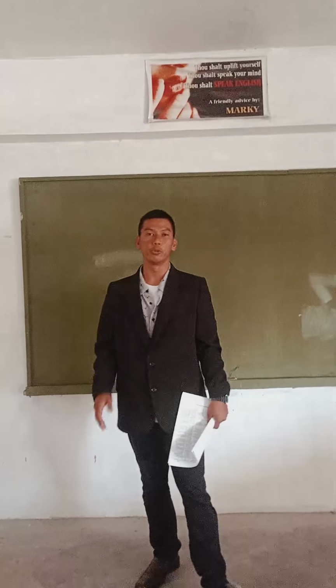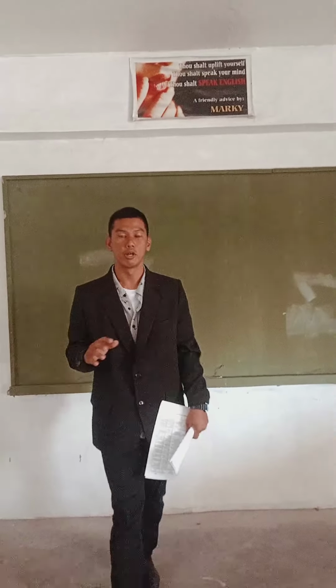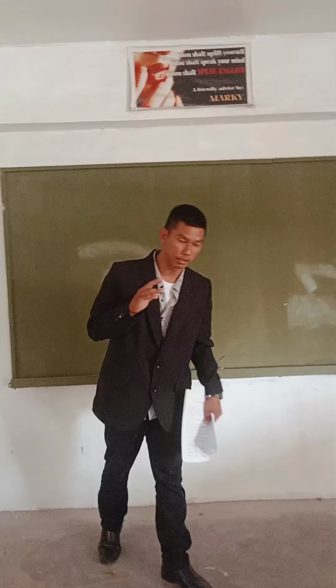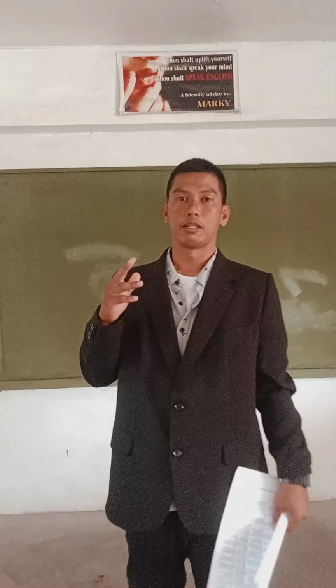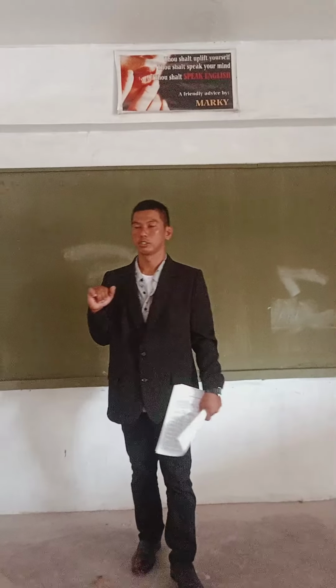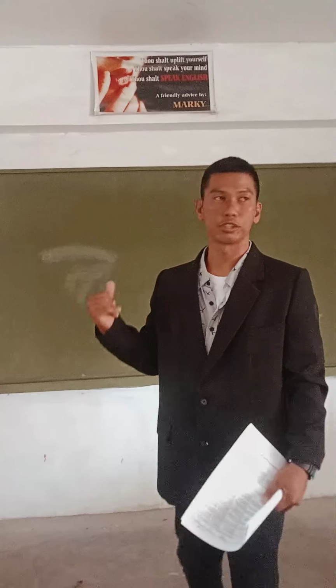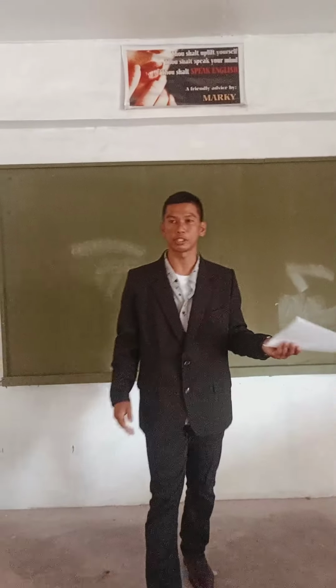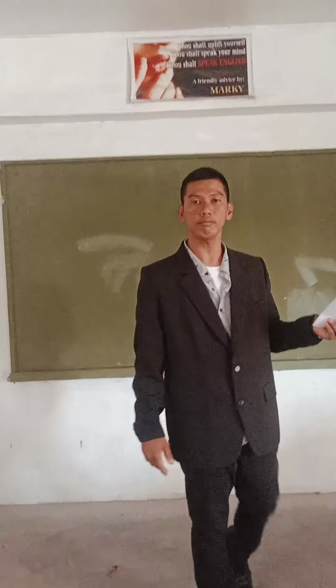To calculate the angle measure from degrees to radians, multiply degrees by pi over 180, and radians to degrees by multiplying by 180 over pi. Any clarification? None. Since all of you know how to convert angle measure from degrees to radians, let's start our activity.